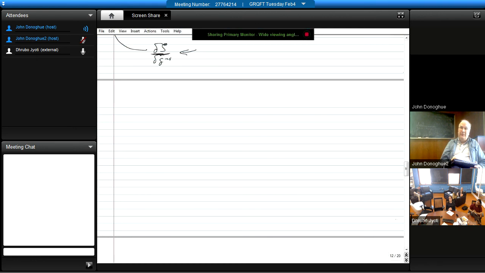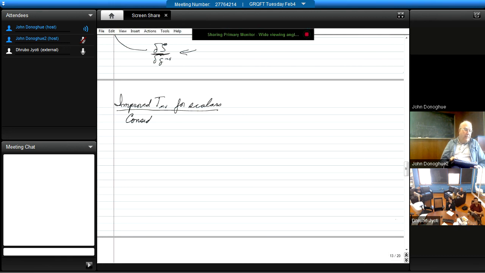Last topic for today, if I can squeeze one more in, let me do the improved T mu nu for scalars. So what I was doing up above there is the T mu nu for spinning particles.